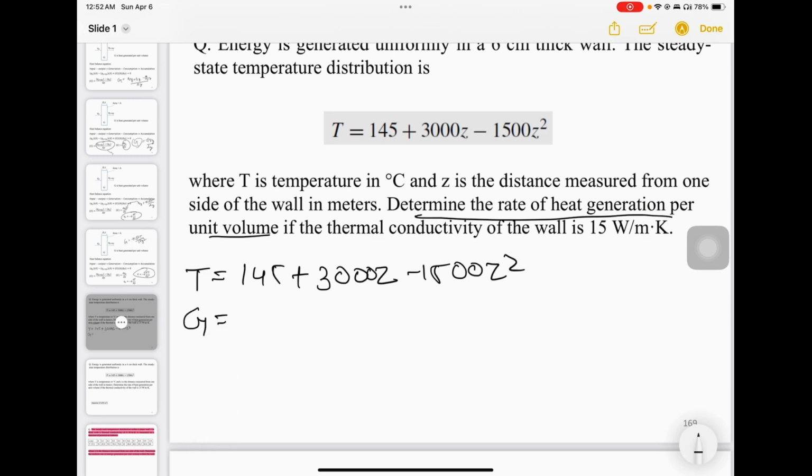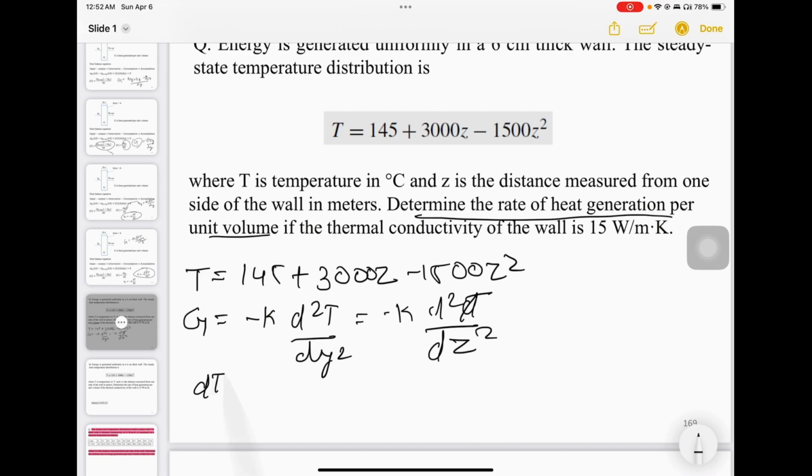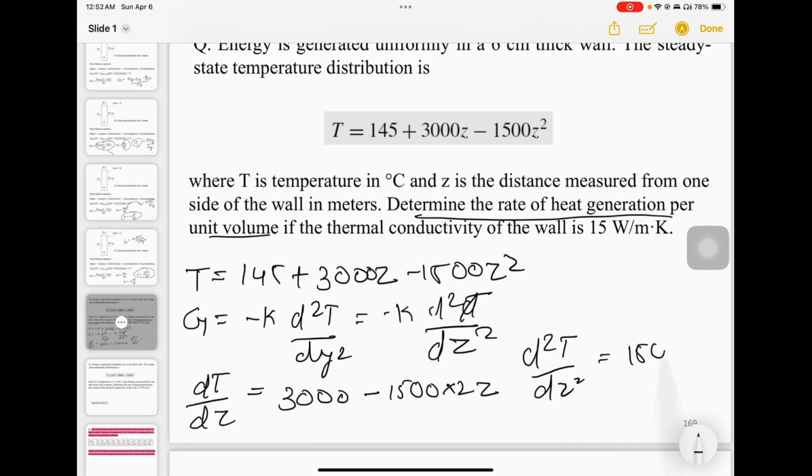We have derived the formula of heat generated per unit volume as G equals minus k d square T by dy square, which for this case, because our thickness is in z direction, becomes: dT by dz, single differentiation, will be 3000 minus 1500 into 2z, and d square T by dz square is equal to minus 1500 into 2.